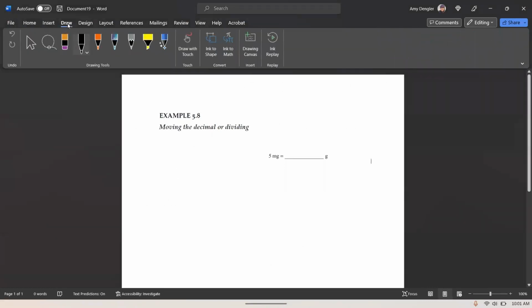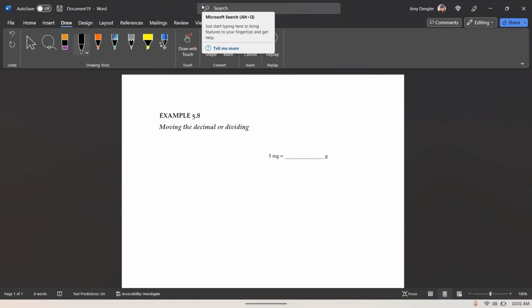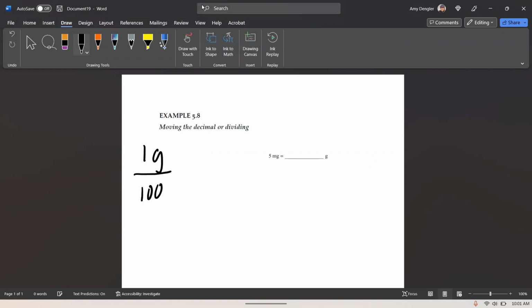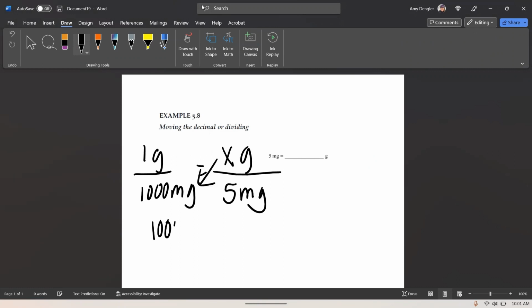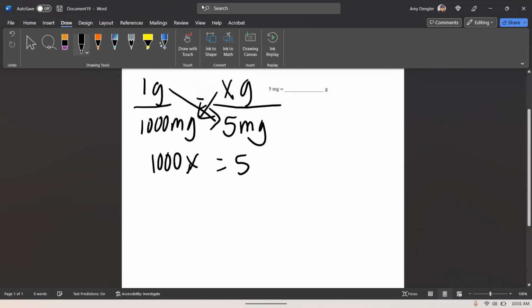Example 5.8. So we're moving from milligrams to grams. So we should already by now know that 1 gram equals 1,000 milligrams. We'll place our 5 milligrams down here. How many grams? So we have 1,000x is equal to 1 times 5, which is 5.